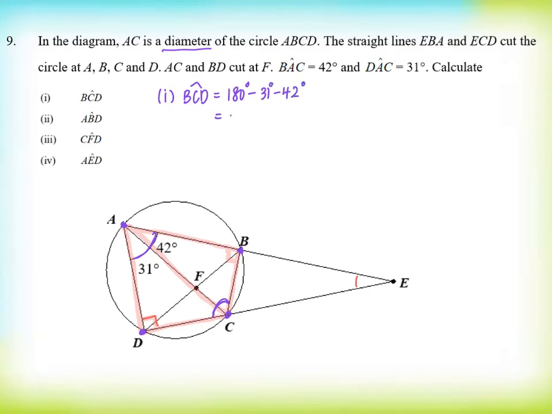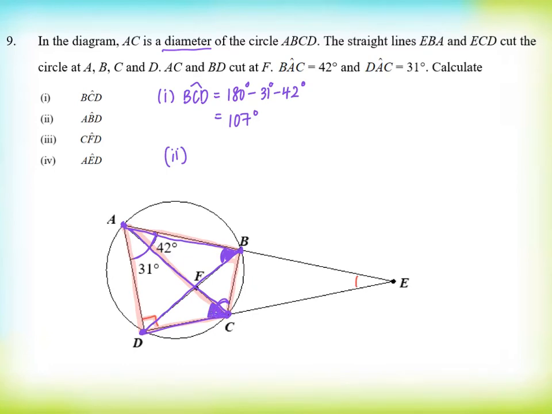And that gives me 107 degrees. Next, let us find angle ABD. Angle ABD over here is the same as, I see the butterfly, angle ACD.